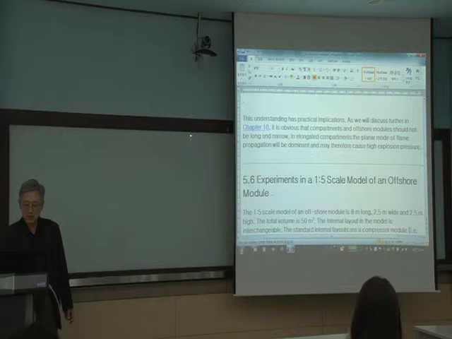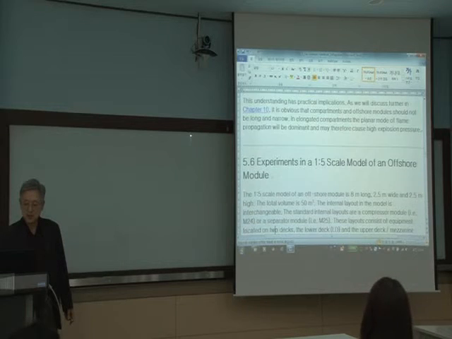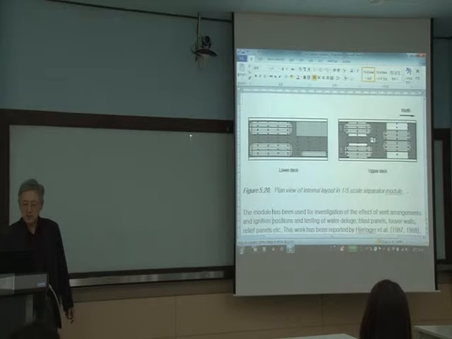This is another experiment, a 1 to 5 scale model, and it looks more realistic. It's something like a heat exchanger or steam generator, that kind of layout, with lots of tubes. God bless you.